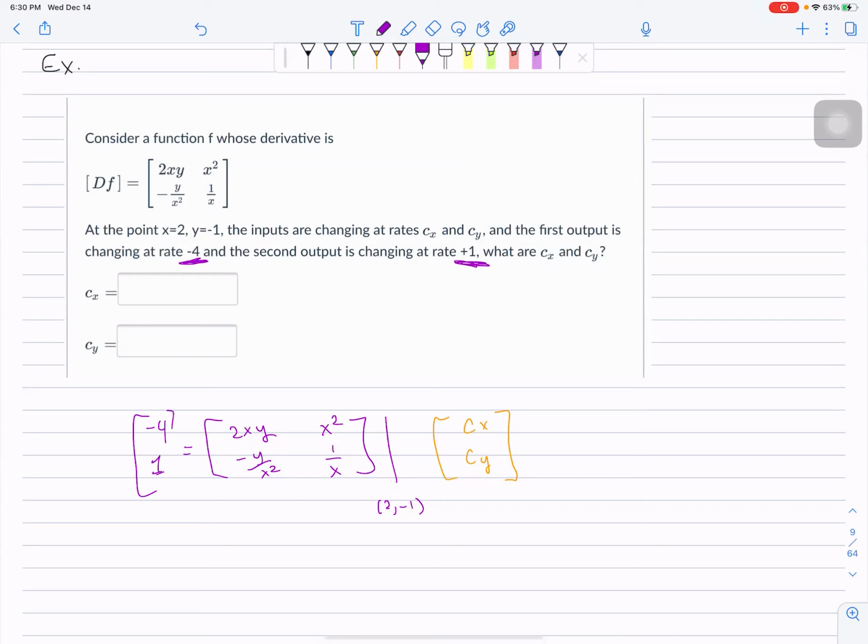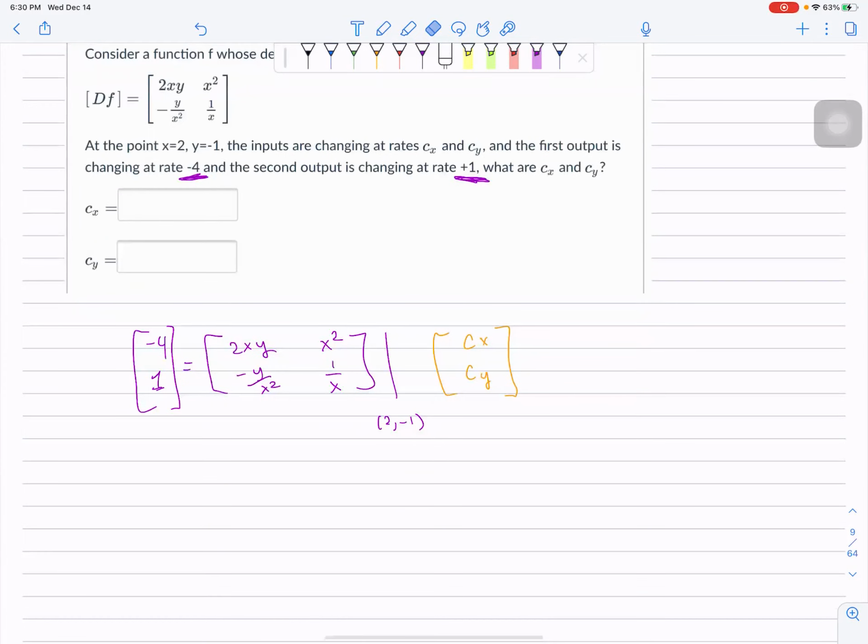So I get this question. So what is this derivative? If I plug in my points, I get the matrix -4, 1/4, 4, 1/2 times the vector equal to -4, 1. Now how do I solve this?